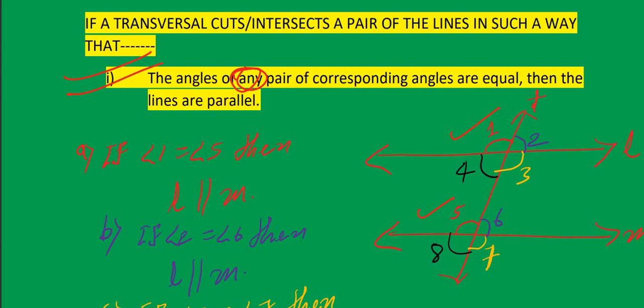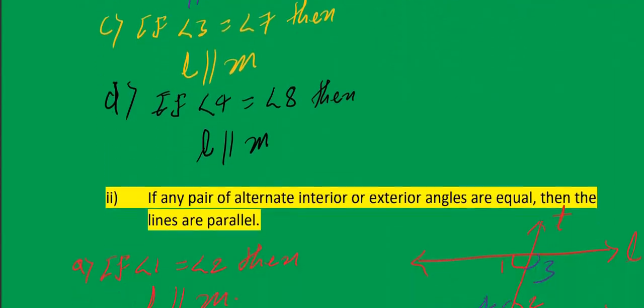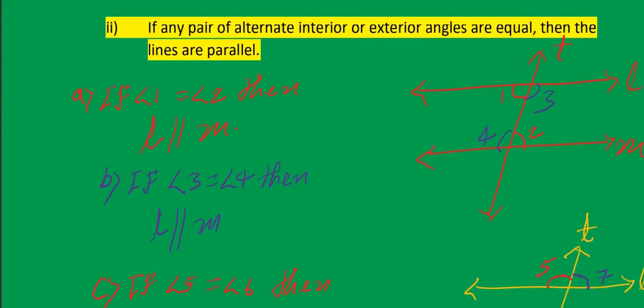If I prove angle 1 is equal to 5, then line L will be parallel to line M. Similarly we can say if angle 2 is equal to 6, or 3 is equal to 7, or 5 is equal to 8, then line L and line M will definitely be parallel.